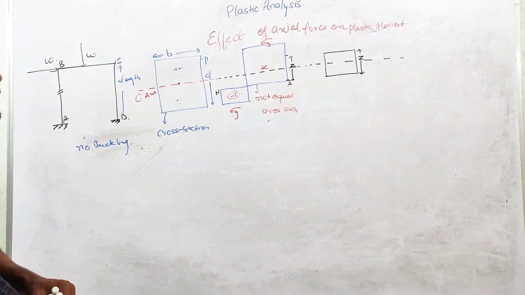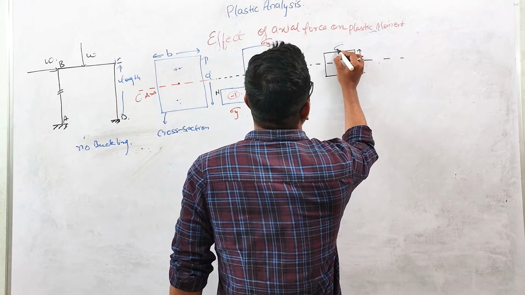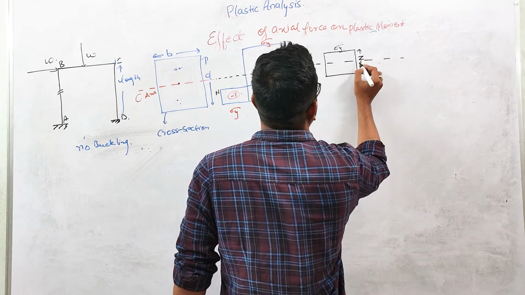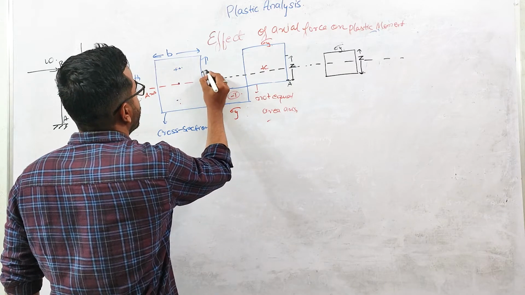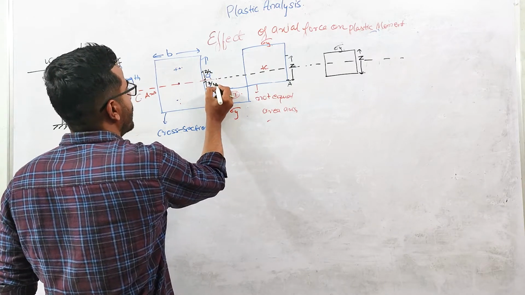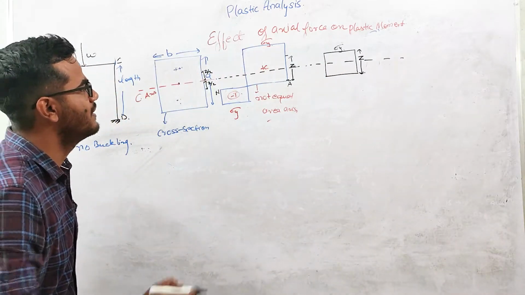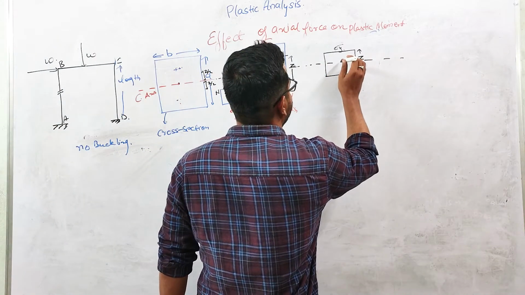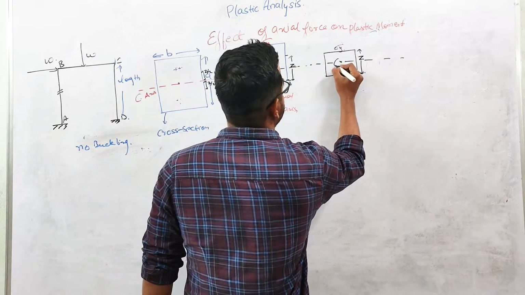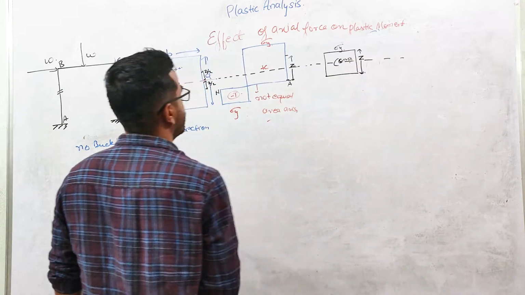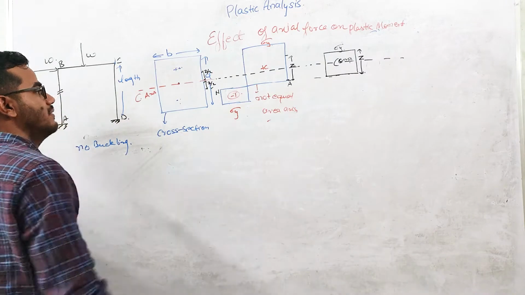I'm assuming that this portion has yielded, from the centroidal axis, z by 2 from here and z by 2 from here. Why is this symmetrical about this centroidal axis? Because the net force will be acting at the center, and that net force will be equal to P. This is all compression. Remember that thing. Tension will start from here, below this neutral axis. Okay.